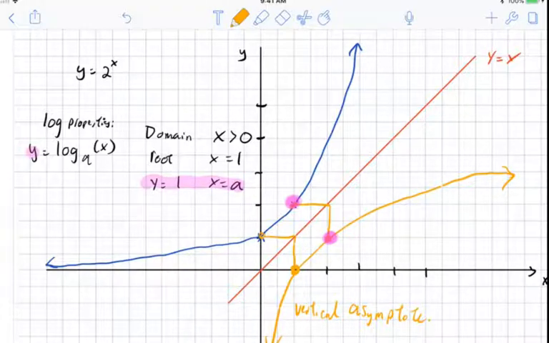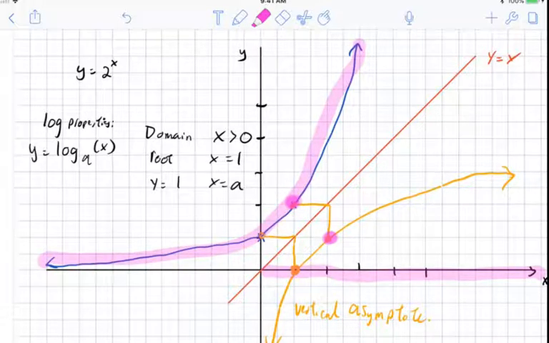But the most interesting and the most important aspect of graphing a logarithm is this vertical asymptote. Because what happens is our logarithm is only going to be defined for values of x that are positive. And the reason has to do with this exponential. We argued that when we're graphing this exponential, it's always positive, because we're always doubling or halving a positive number, right?